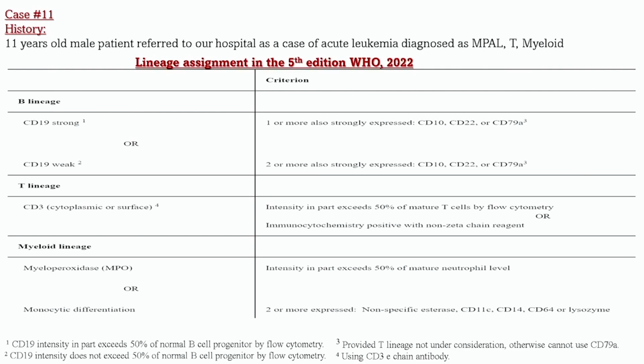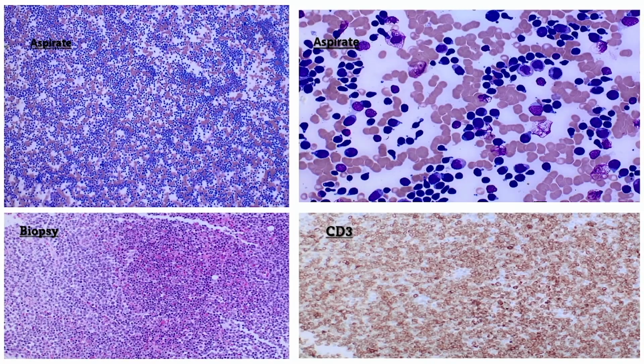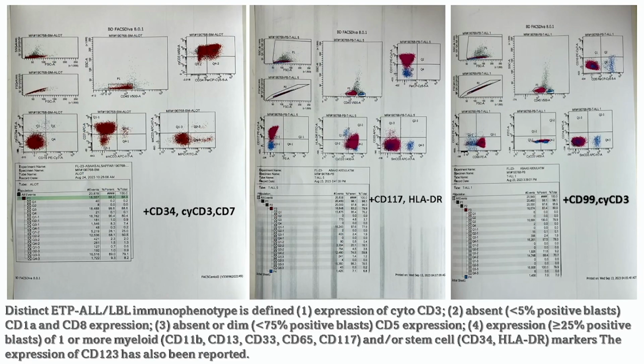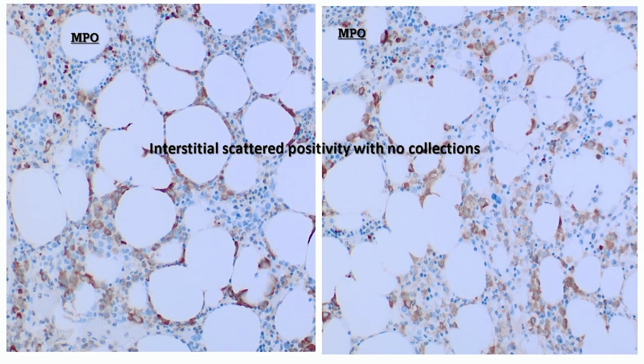On doing the flow cytometry, the infiltration was blasts. I do respect every lab, but the flow cytometry was straightforward for me, with no MPO. As I told you, I have to do 2 things in each case to confirm if it is positive or not.